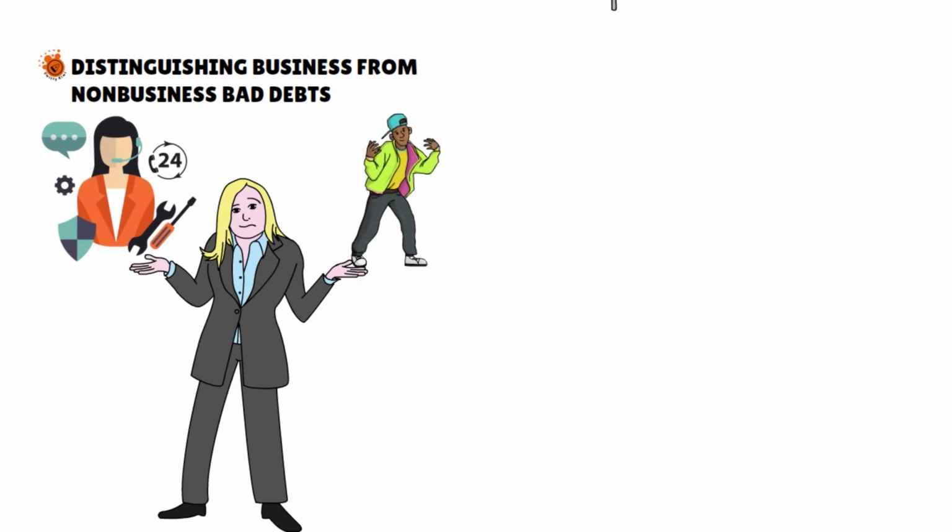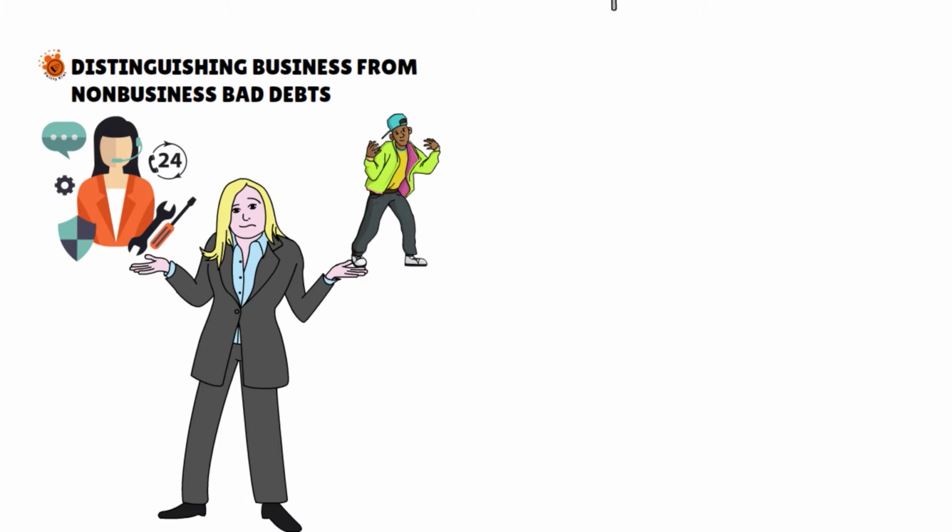Business bad debts give rise to ordinary losses, while non-business bad debts give rise to short-term capital losses. The distinction is critical because it has an impact on your tax liability or your tax refund. So non-business bad debts give rise to short-term capital losses, and business bad debts give rise to ordinary losses.